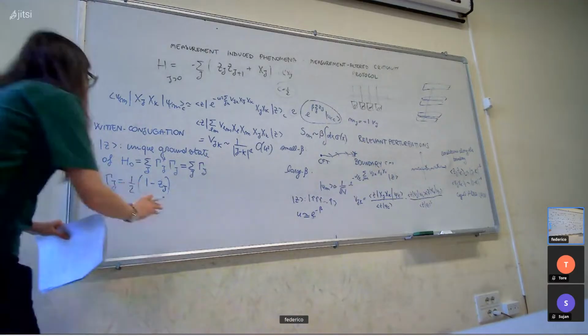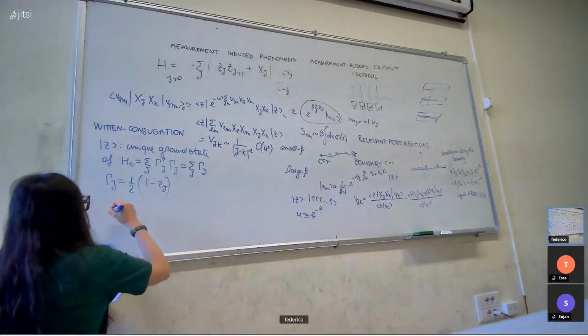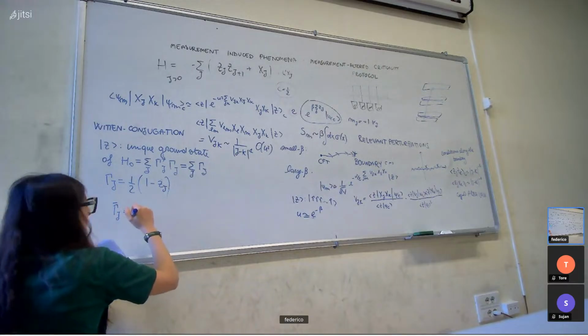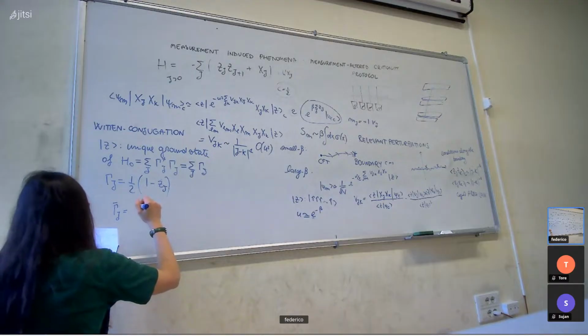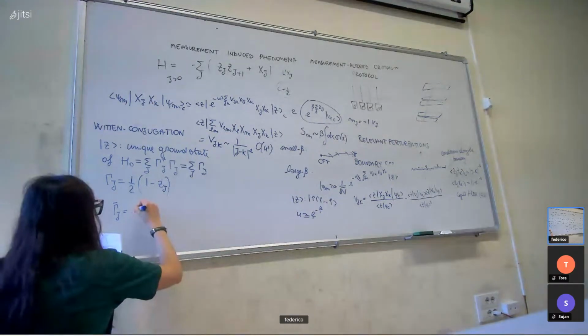We then define a new set of operators that we call gamma bar J, which are e to the minus something gamma J e to the plus something.